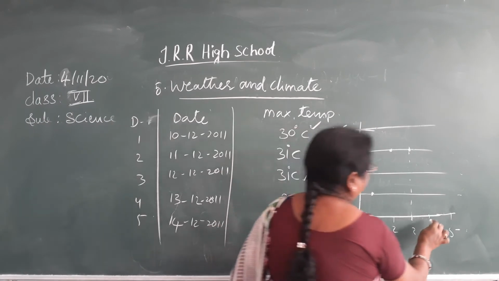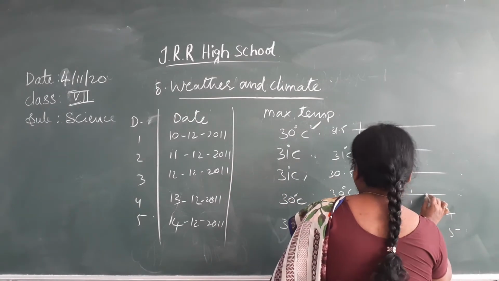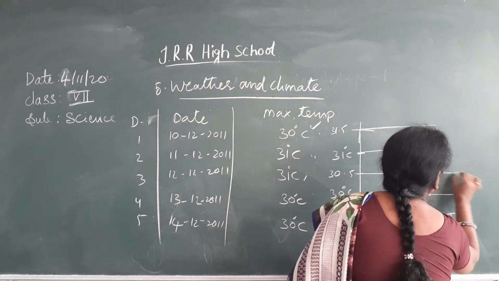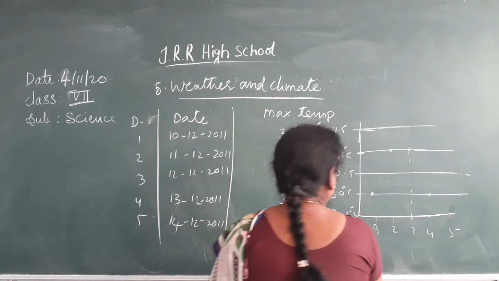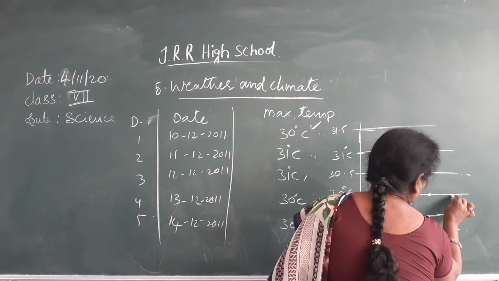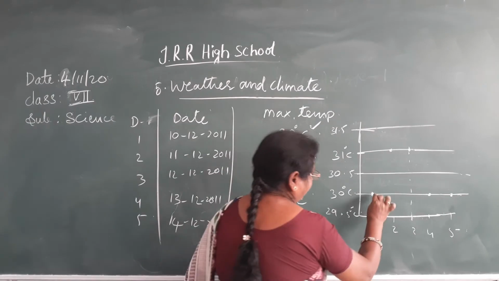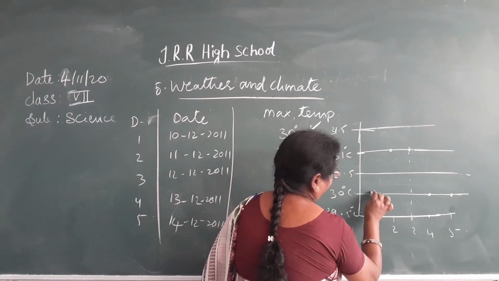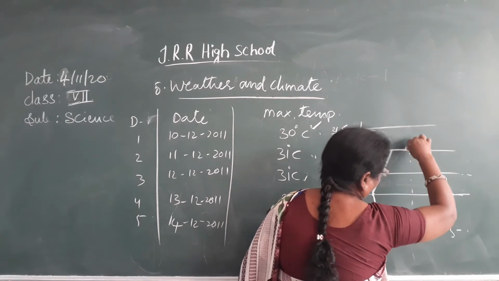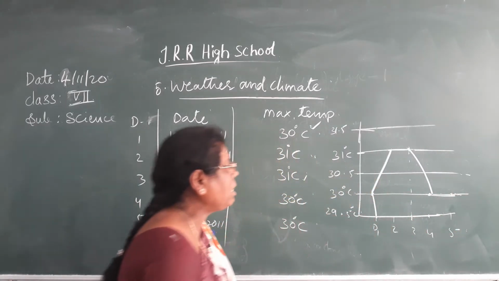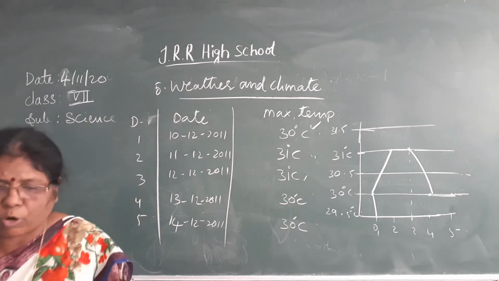Don't mix up the lines. Then day 5 also again 30 degrees. Now join the lines. See, like this you have to plot the graph. This is the way to plot the graph.